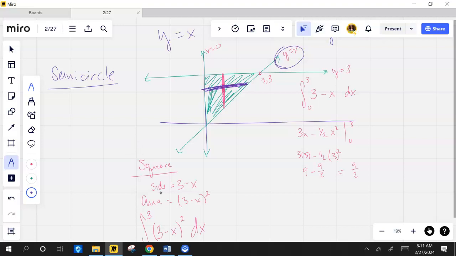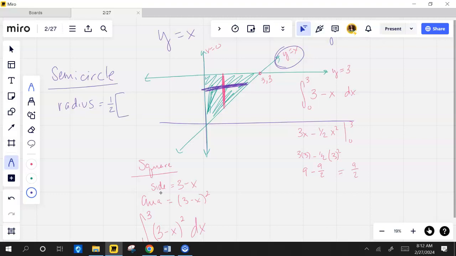So if I'm a semicircle, then what is the radius of my semicircle? Remember, this is my diameter, because my semicircle is sitting right there. This is where it's a little bit different than the other, right?